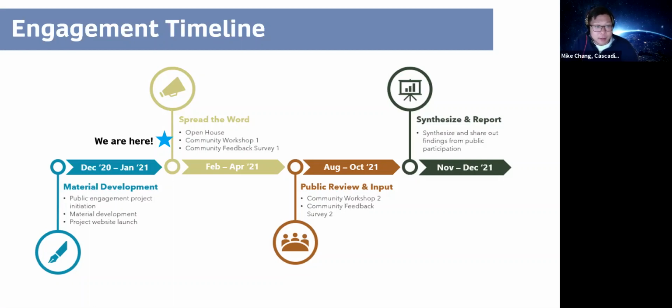In the interim, between now and August, we'll be doing outreach with various organizations and other partners to get their insight and input into the climate action plan. Come late summer, we'll have another opportunity for the community to reconvene to see where the climate action plan is at, as well as another public survey opportunity. This will tee us up for completion of the climate action plan by the end of this calendar year.